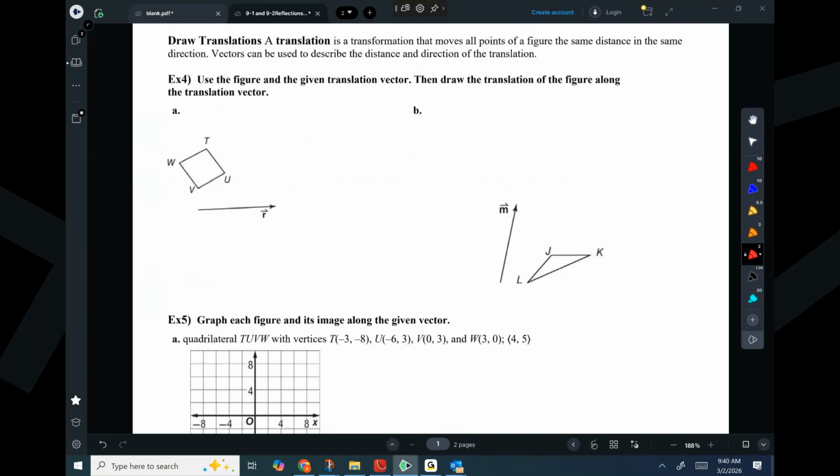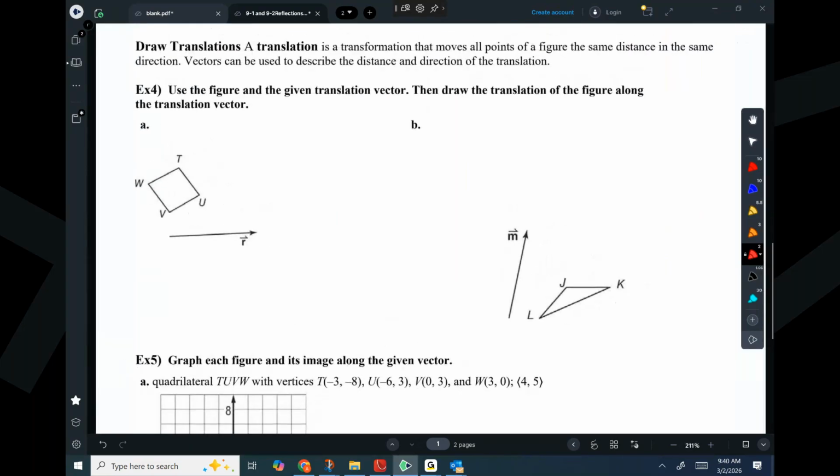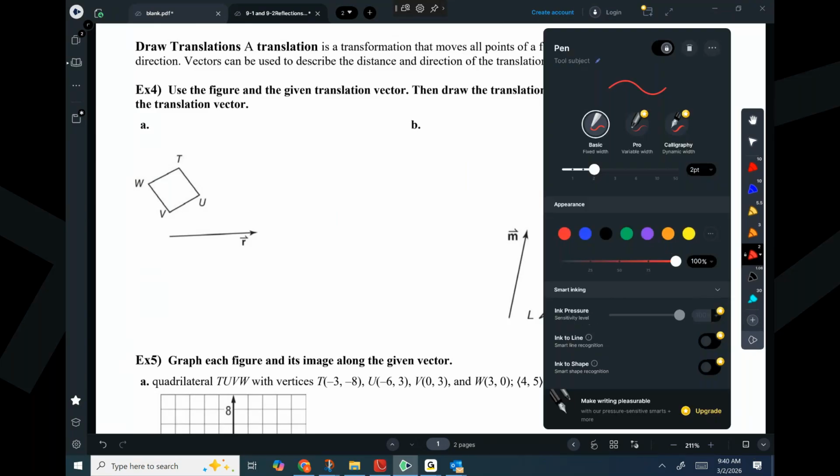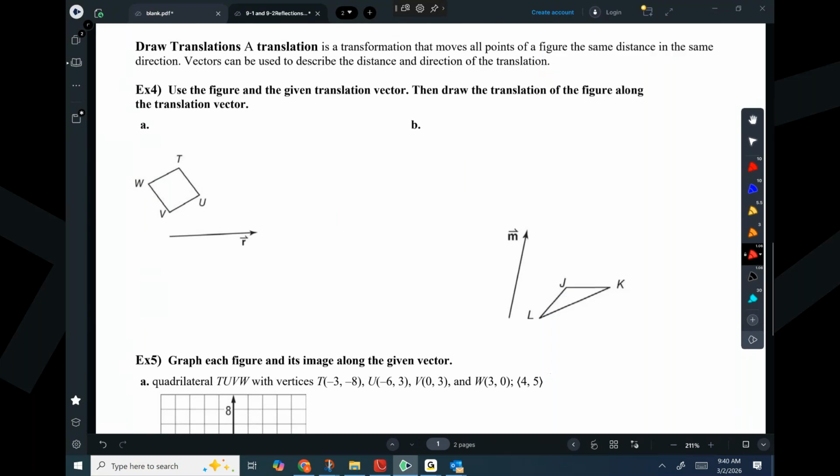All right. This one's going to be a little bit harder to do, all right? If you're good at art, sometimes this chapter is pretty easy to do because of art. All right, this is what I would recommend you do. What that's going to be is a translation vector.